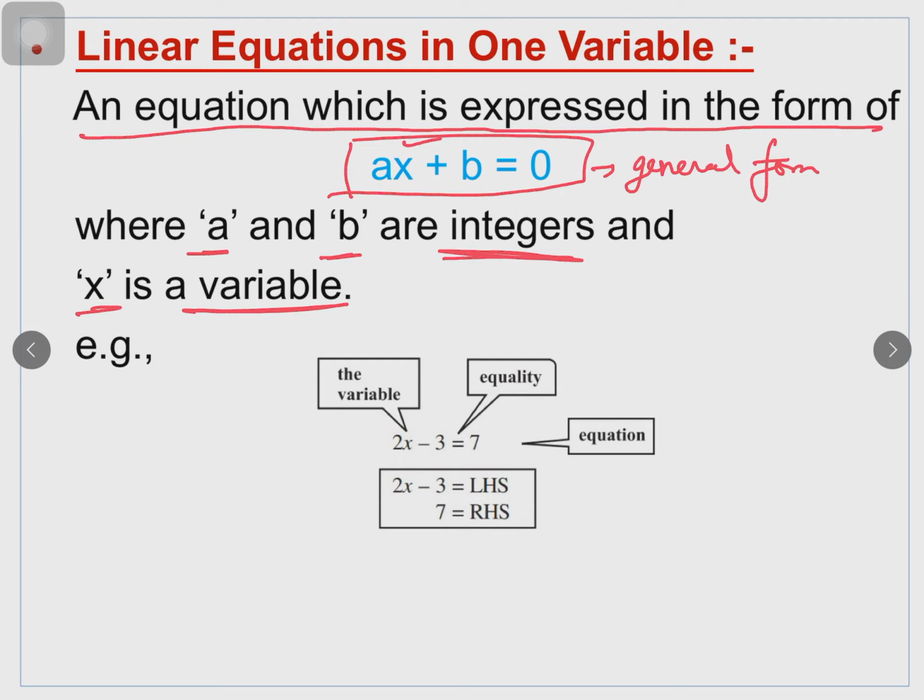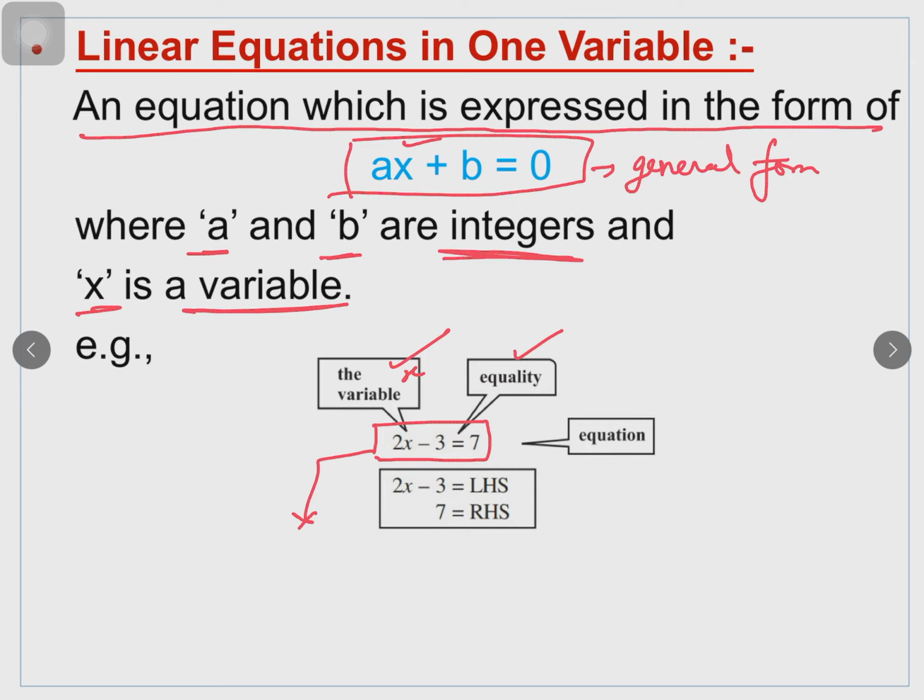So this is the linear equation in one variable. One common example is given here: 2x minus 3 equals 7, where a is 2, b is minus 3, and on the other side we have 7, and the variable here is x. We have an equality sign, that's why it's an equation. Each equation has two components: one on the left hand side of the equality sign and one on the right hand side.